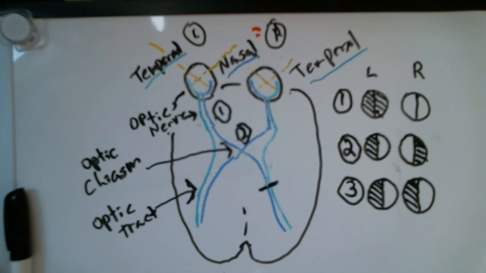And if you get it posterior to the chiasm, this is what you're going to get. You're going to have your visual field intact on one side of each eye, and you're going to be blinded in the visual field of the other side of each eye, right? So that's how they work, and you'll definitely want to know those things.